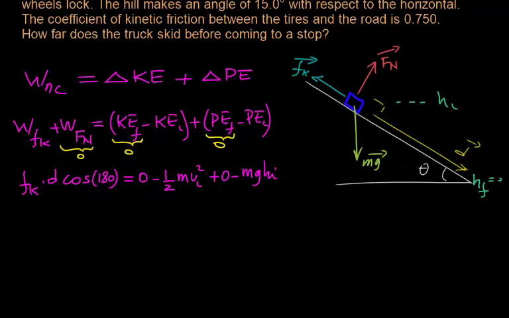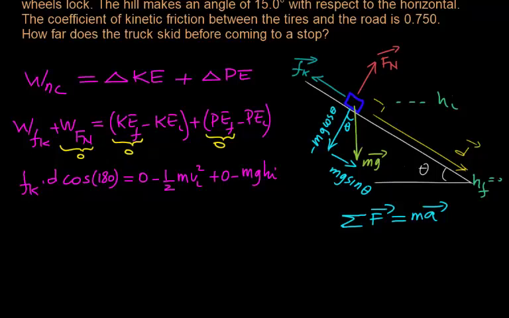Mg needs to be broken into two components: mg sine theta along the x and negative mg cosine theta along the y. Newton's second law: the sum of the forces acting on your system equals mass times acceleration. There are three forces: Fn, Fk, and Mg.